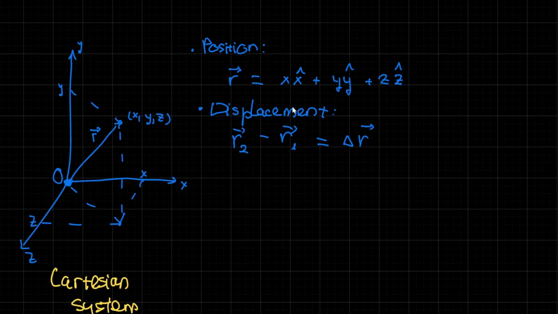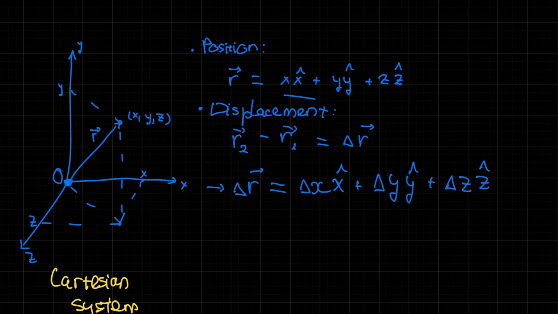And if you write down all the equations like this, then you can get the displacement vector equal, in which delta x is x2 minus x1, and the same goes for delta y and delta z.